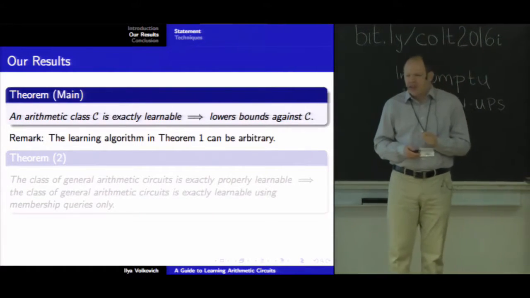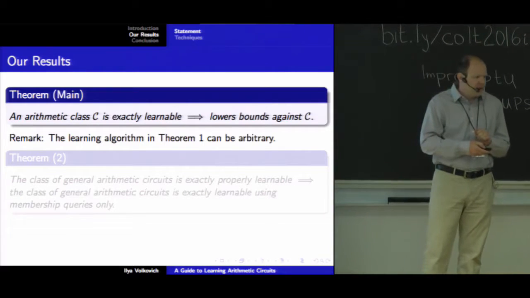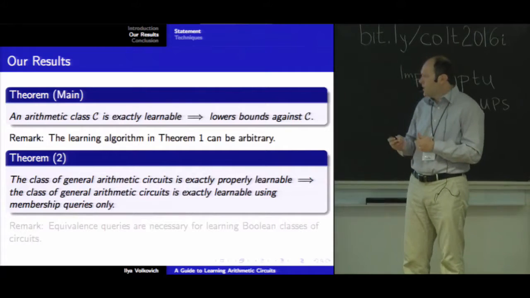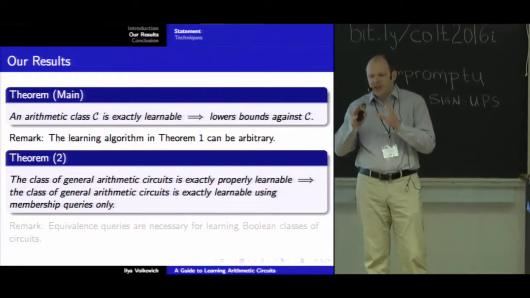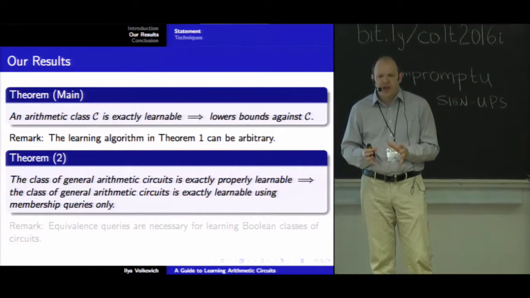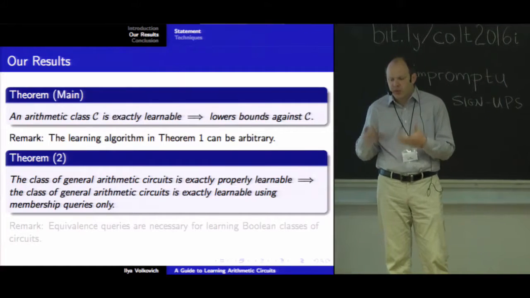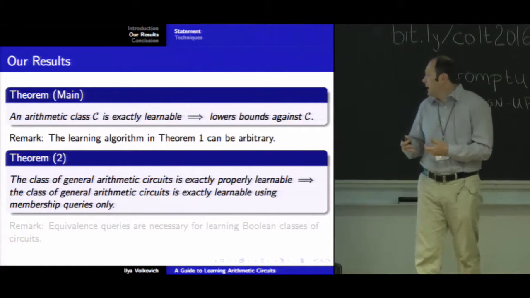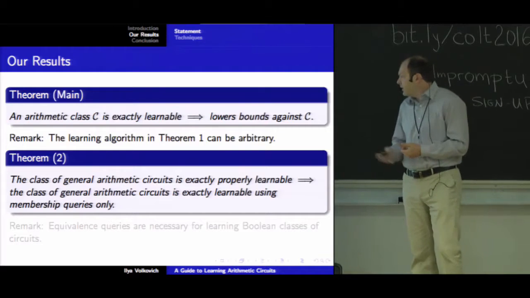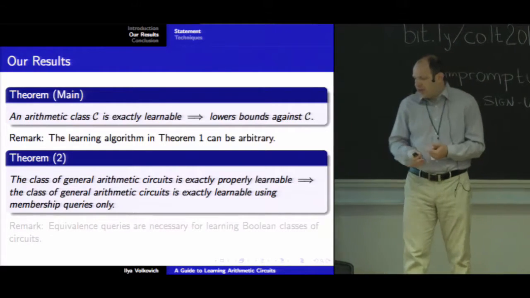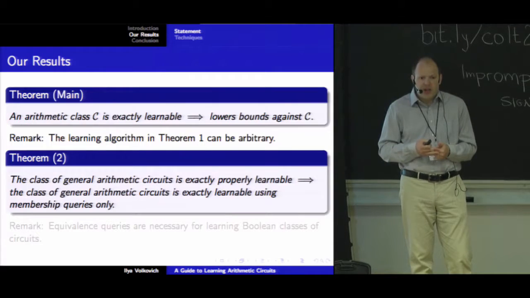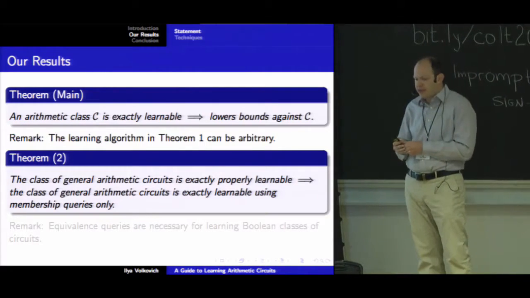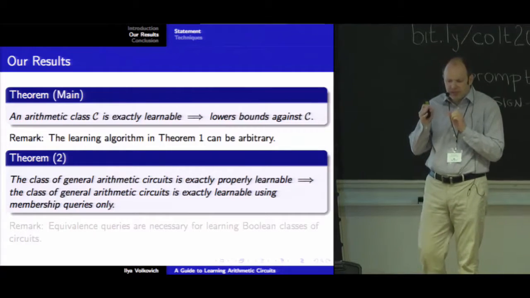However, if we make a specialization a requirement, then we actually get other interesting results. Specifically, if we want to learn the class of general arithmetic circuits, and we require the algorithm to be proper, namely that the hypothesis be arithmetic circuits, then the following happens. If there is an exact learning algorithm with membership and equivalence queries, then we actually don't need the equivalence queries.